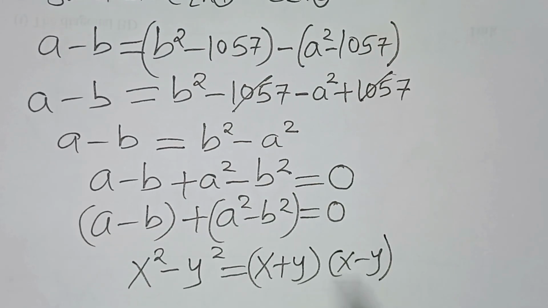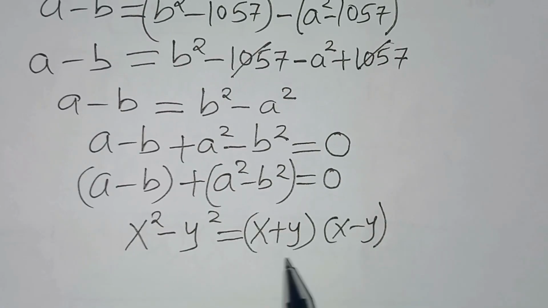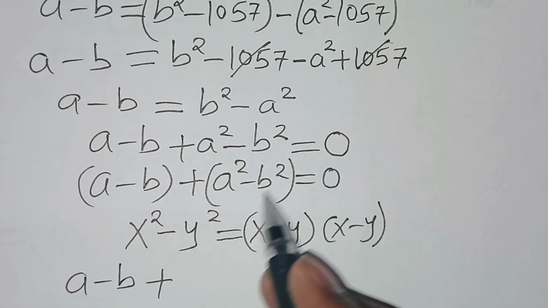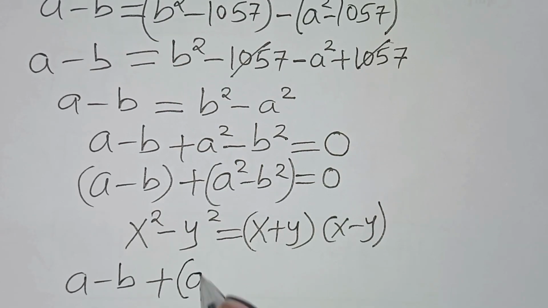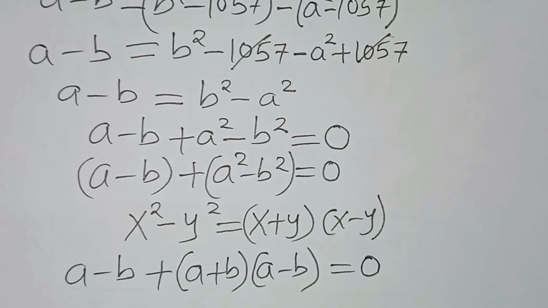Let's apply this identity so that now we'll have a minus b plus, now a squared minus b squared, we can express this as a plus b, a minus b. This is equal to 0.